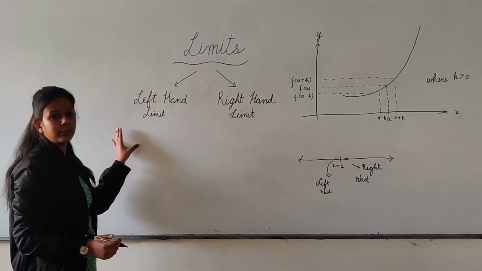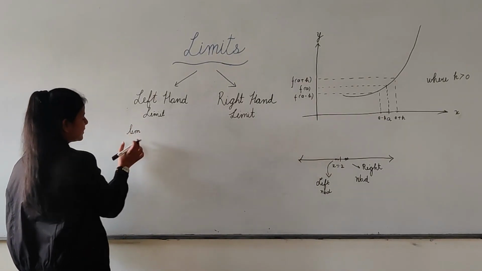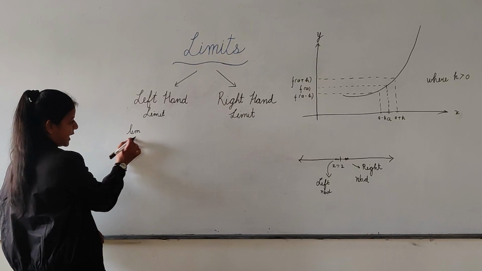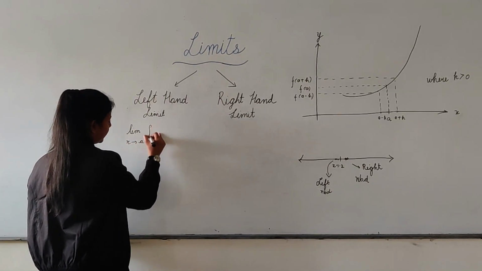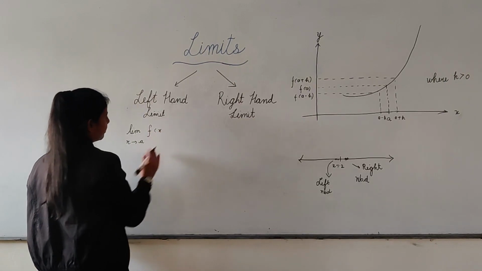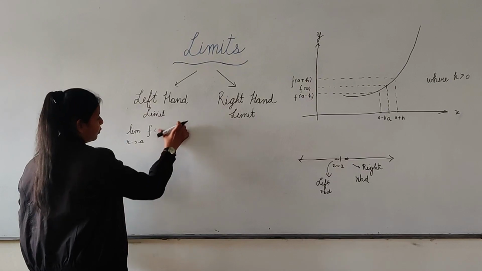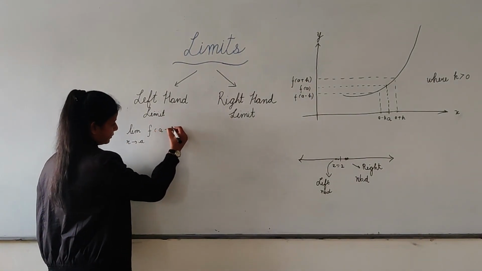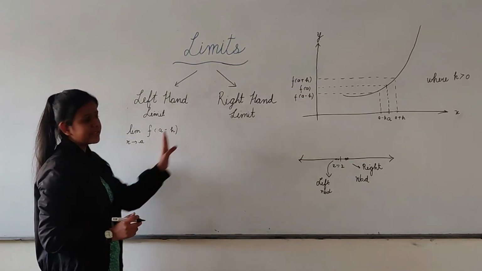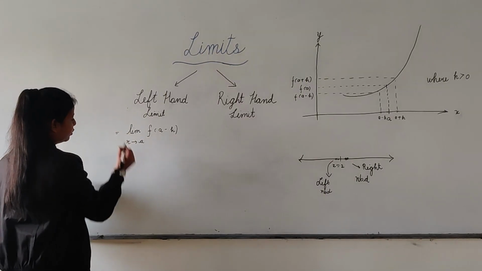So mathematically we can write limit. Limit, in the short form, is written as lim x tending to a f(x), but we are approaching from the left hand side, so we write f(a minus h), where h is greater than 0. So we find its value.